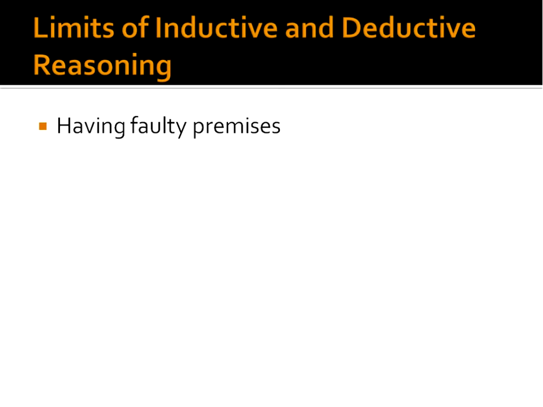One thing might be starting off with a faulty premise. If you start off with a faulty premise, you could reach a bad conclusion, right? And so if you start wrong, you could end up wrong.